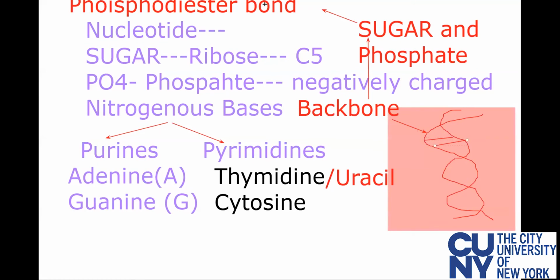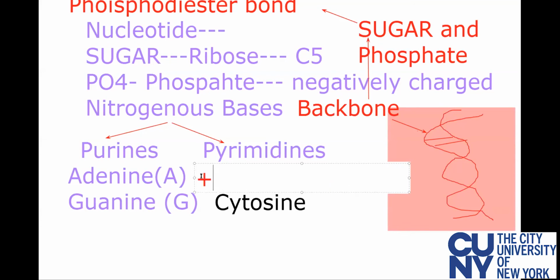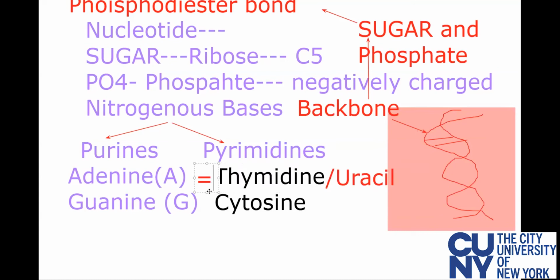Now, how is this staircase formed? It is formed when adenine forms a double bond with thymine. When adenine forms a double bond with thymine, one of the rungs of the ladder is due to chemical bonding between adenine and thymine.